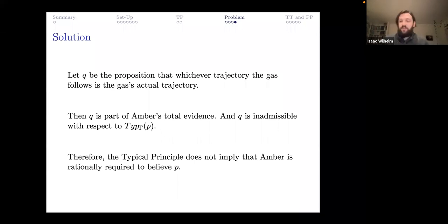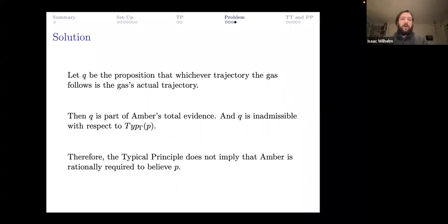The laws, at least on most conceptions of the laws, don't say that. They just say, here are the possible trajectories, here's what happens with them. And of course, by doing experiments, we can zero in on which trajectory is the actual one, but that's not part of the laws. Which trajectory is actual is a contingent feature of reality, not a nomological feature.